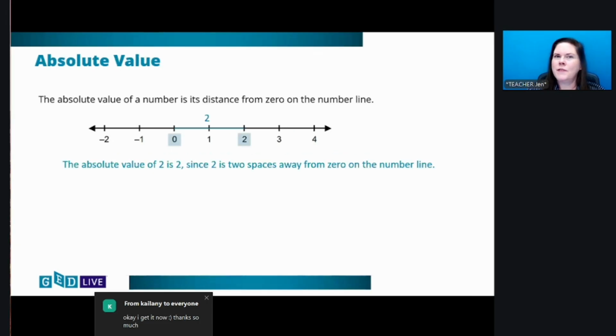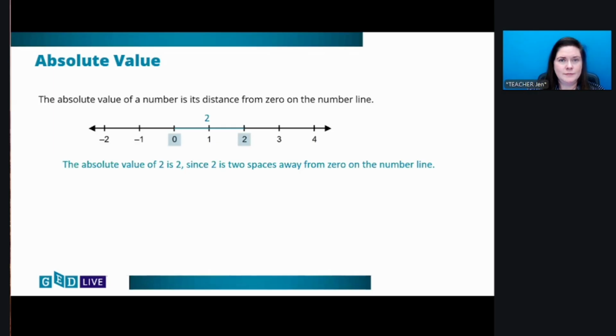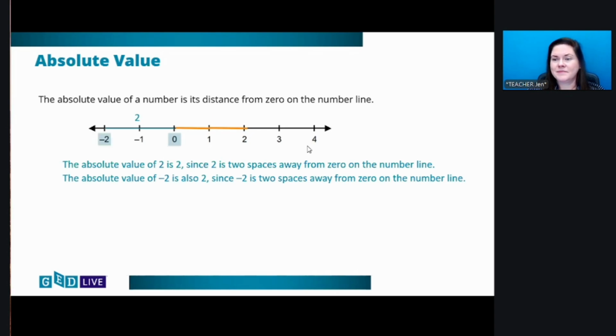We know the absolute value of 2 is 2 because the number of steps on the number line from 2 over to 0 is 1, 2 steps. We can also be sure the absolute value of -2 is 2 because the number of steps from -2 over to 0 is 1, 2 steps.